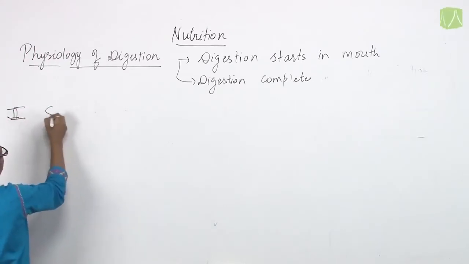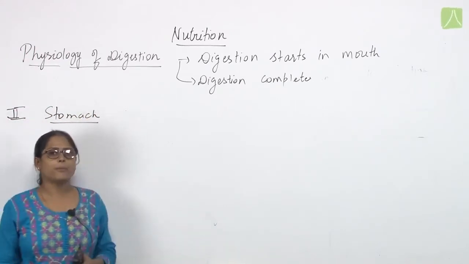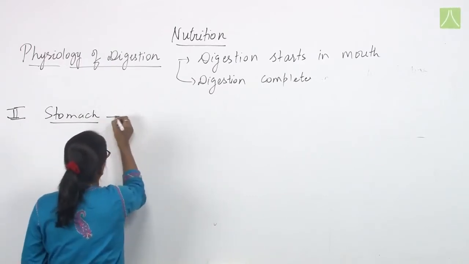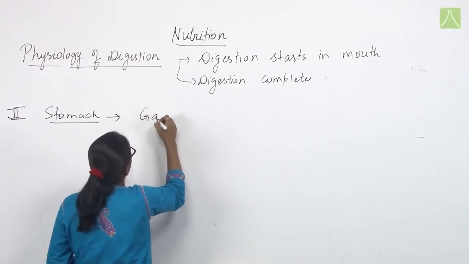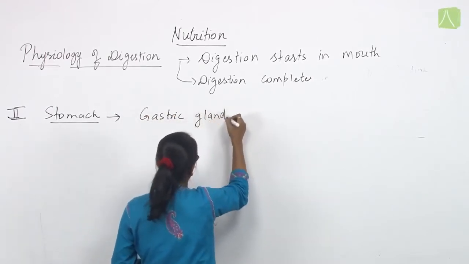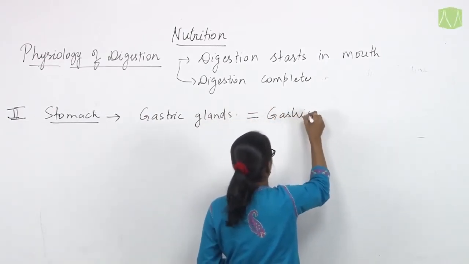The second stage of digestion is the stomach. Now what happens in the stomach? The stomach has certain gastric glands which secrete gastric juices.